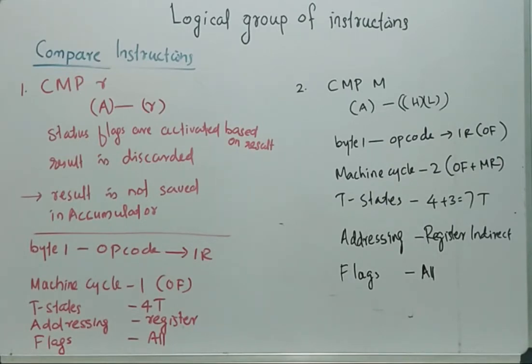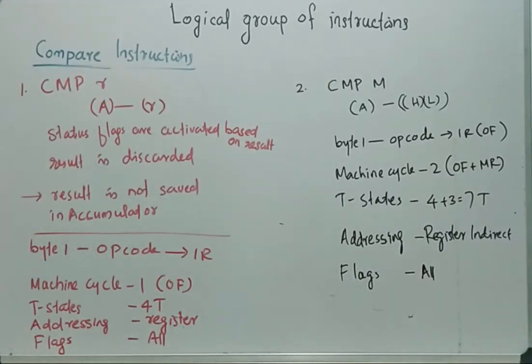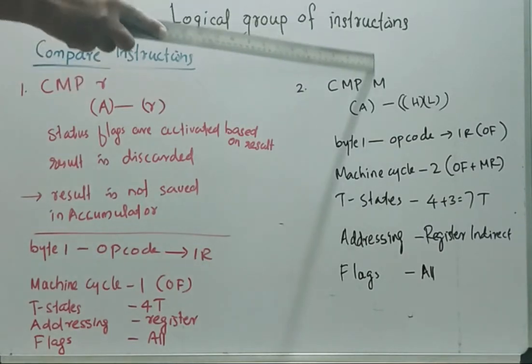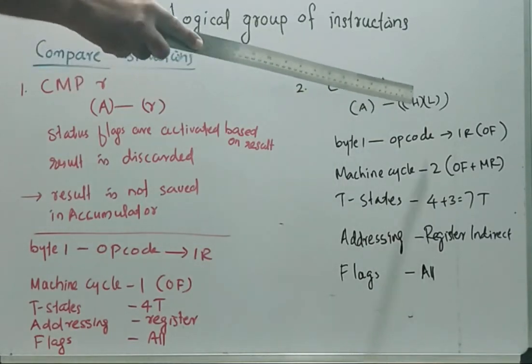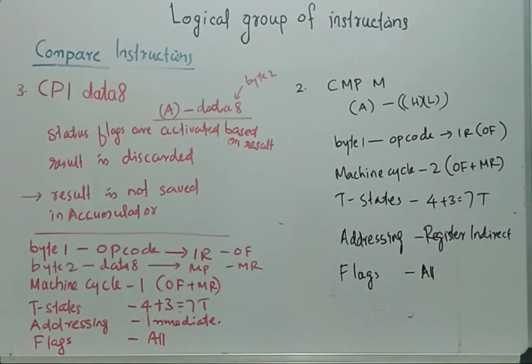The total T states to complete the execution of this instruction is 4 plus 3, that is 7 T states. As the address of the operand is specified in a register pair, the addressing mode is register indirect addressing mode. All flags are affected.